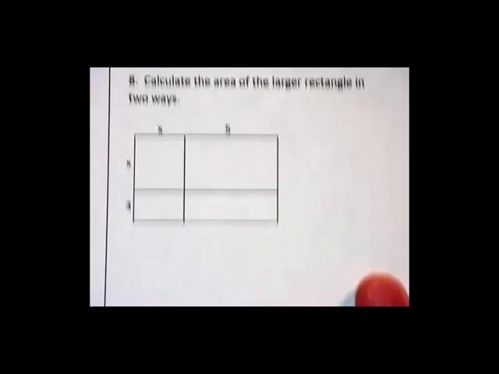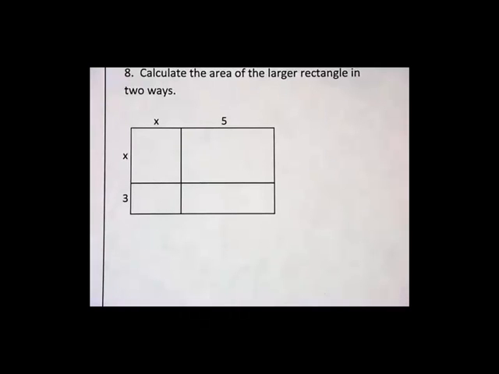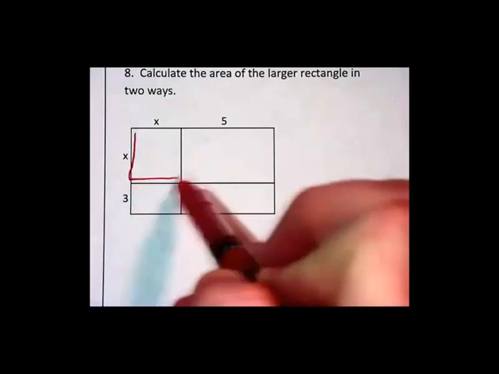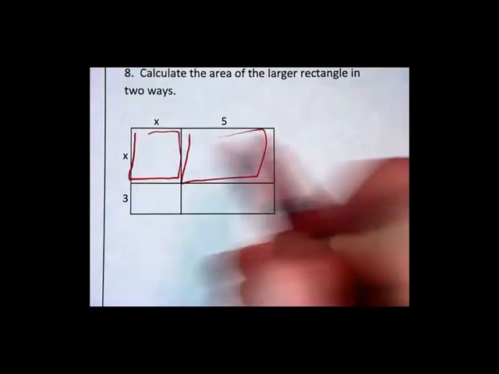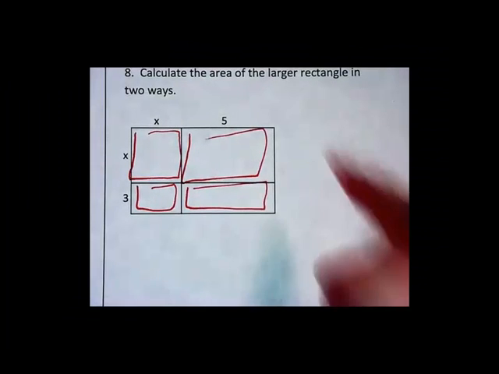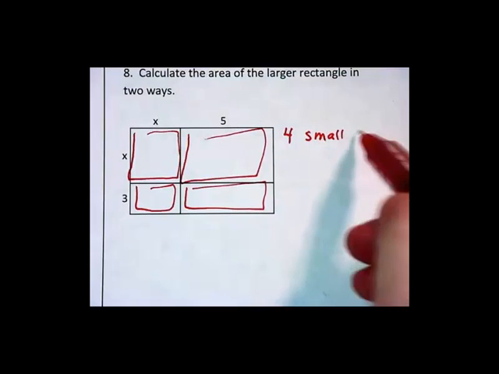And this last problem is kind of an interesting problem. It kind of gives you a visual way of multiplying things together. If we viewed these as 4 small rectangles, and we wanted to find the area of all 4 of these added together, I'm going to write that down, 4 small rectangles.